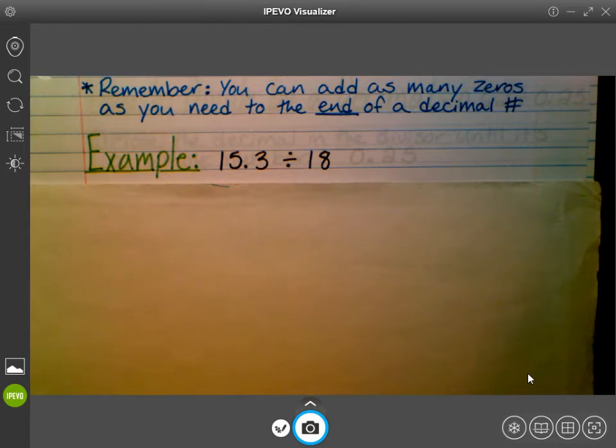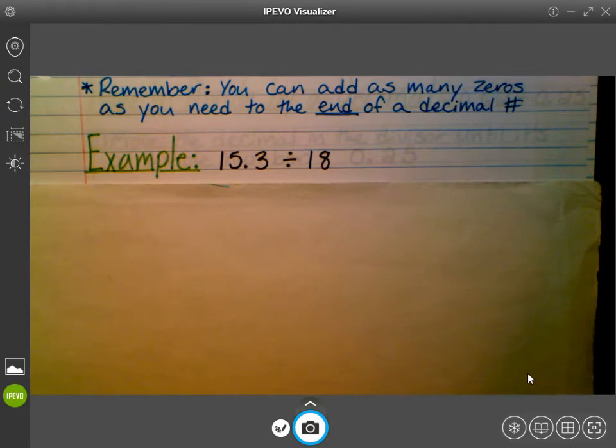So example, 15.3 divided by 18. Give you another moment. I see a few people finishing up writing that problem down. Are we ready to move on? Yes. All right. Is there anyone who needs more time?